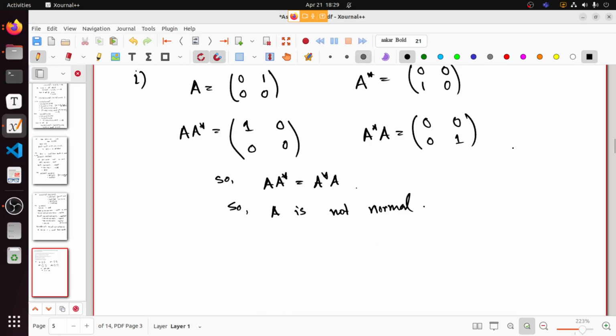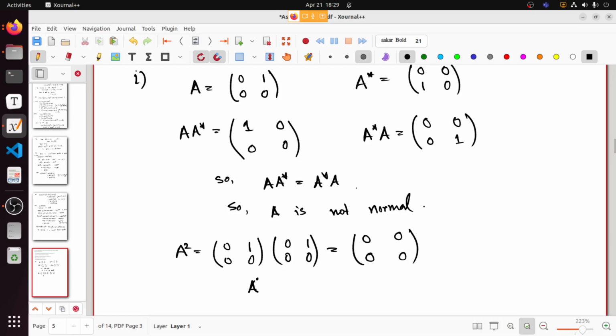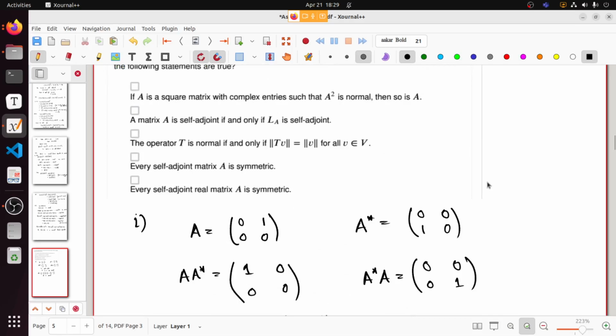What will be A square? A square will be 0, 1, 0, 0 times 0, 1, 0, 0. So this is 0, this is 0, 0, 0. So this is a 0 matrix which is normal, right? A square is a normal matrix, trivially. So we have seen that A square is normal, but A is not normal.